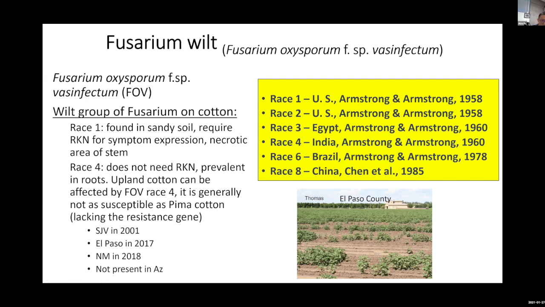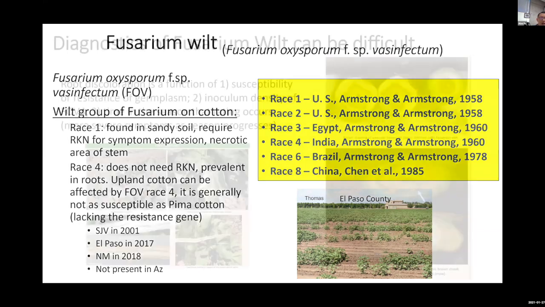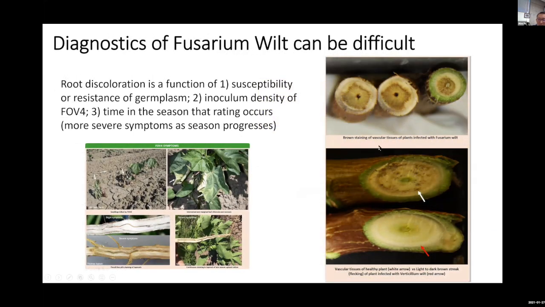Many Pima varieties are susceptible, and most of the upland cotton was quite susceptible. The diagnostic feature is this vascular staining, browning or darkening in the center, as seen in the picture up right here. The bottom picture is verticillium wilt, and also a healthy plant.